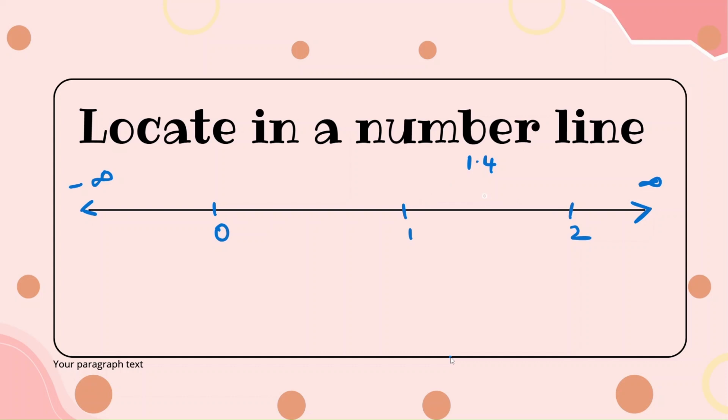The space from 1 to 2 is divided 10 times, in the tenth place. So here 1.1, 1.2, 1.3, 1.4, 1.5, 1.6, 1.7, 1.8, 1.9, 2. This is how the number line is divided into 10 parts, and this 1.4 is here.